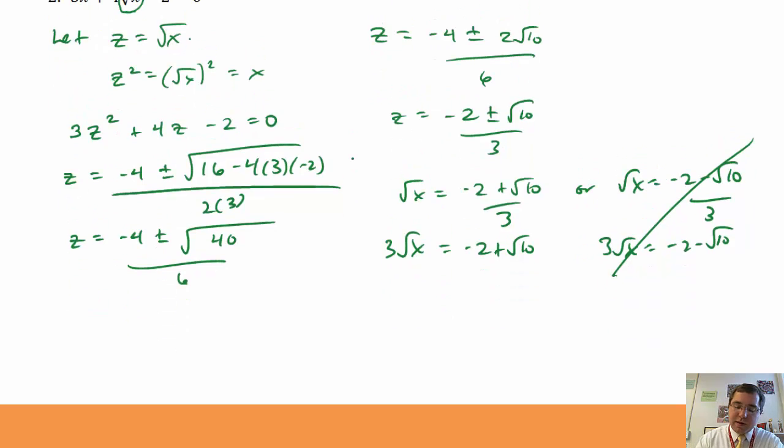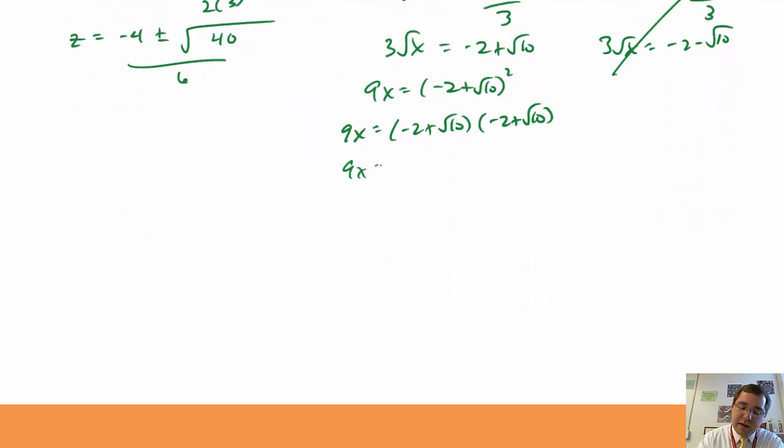We can square both sides. So we'll have 9x equals negative 2 plus the square root of 10 quantity squared. Alright, I need to FOIL that out. So 9x equals negative 2 plus the square root of 10 times negative 2 plus the square root of 10.